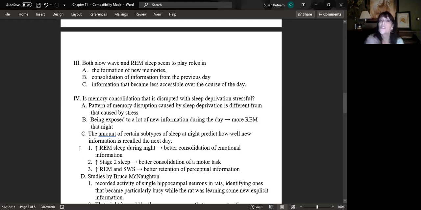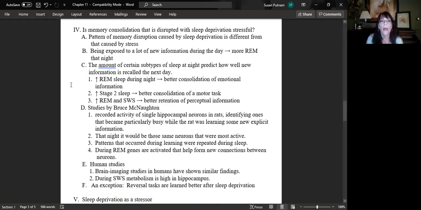The amount of certain subtypes of sleep at night predicts how well new information is actually recalled the next day. So let's take a look at these different things. And this little area of notes is probably an area that you should pay attention to for way later, towards the end of the semester, hint, hint, covered in a written exam.